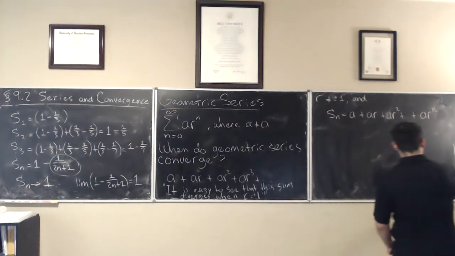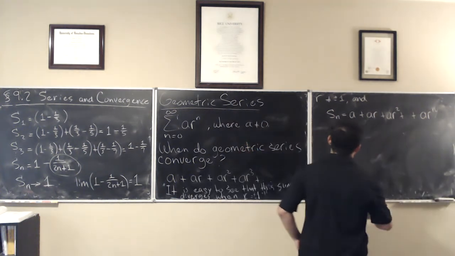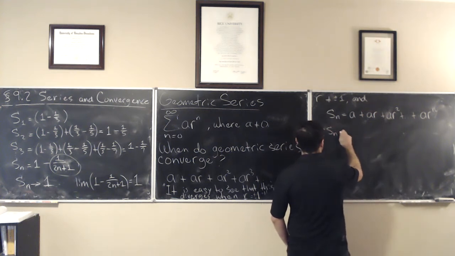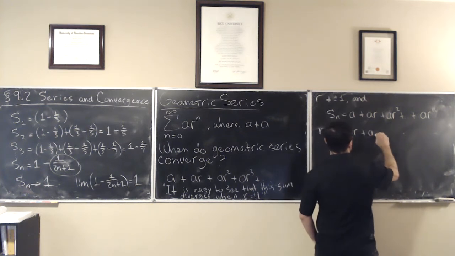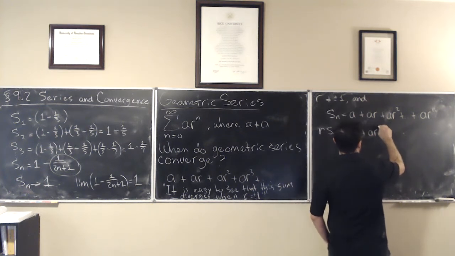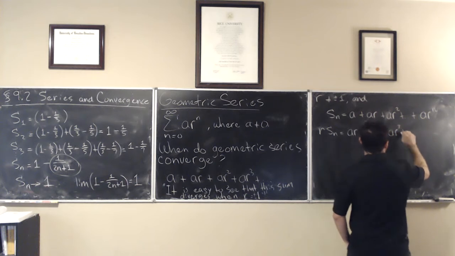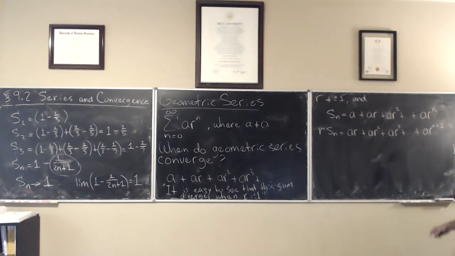All right. If you go to the nth term and stop, that's what you get. So I'm going to multiply both sides by R, and you'll see why in a moment. So R squared now plus AR cubed plus dot dot dot plus A times R to the power n plus 1.